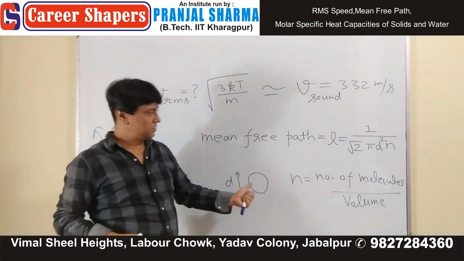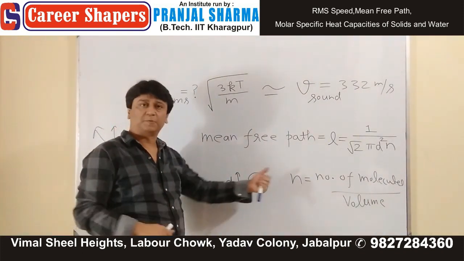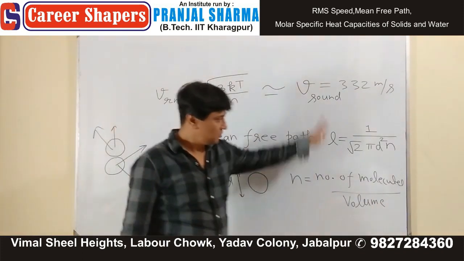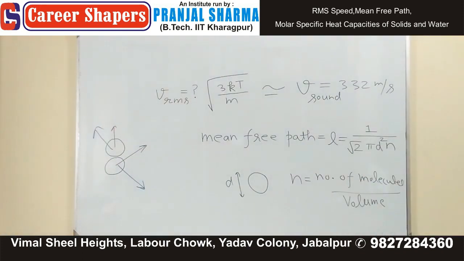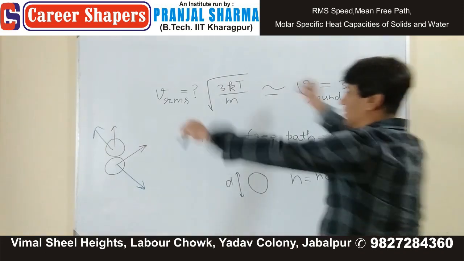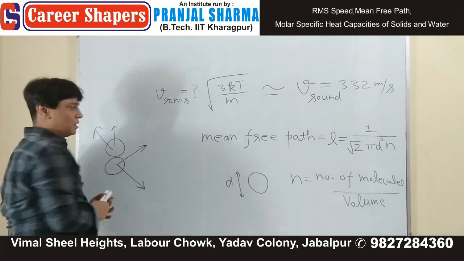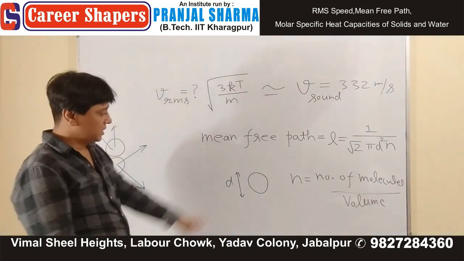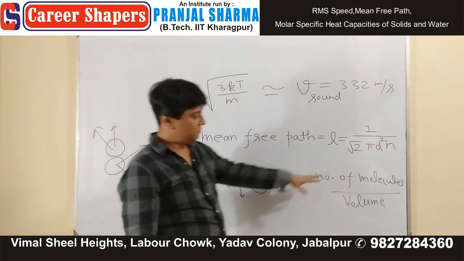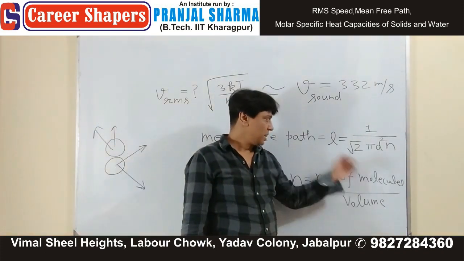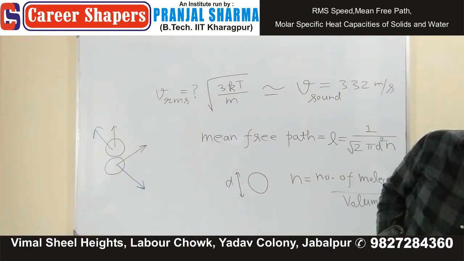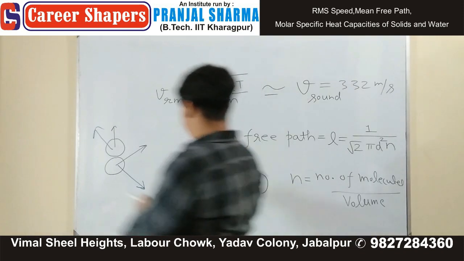Just write this down and then I'll explain a little about the concept of mean free path. But first note down this much. d is the diameter, n is the number of molecules per unit volume, L is the mean distance a molecule can move before it collides with another.